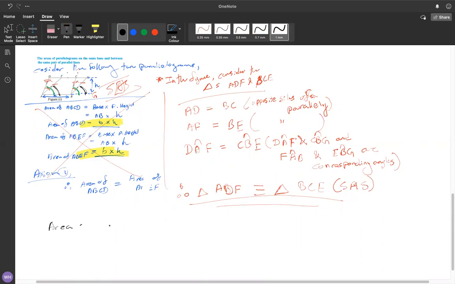Area of ABCD will be equal to the sum of the area of the trapezium ABCF plus the area of the triangle AFD.